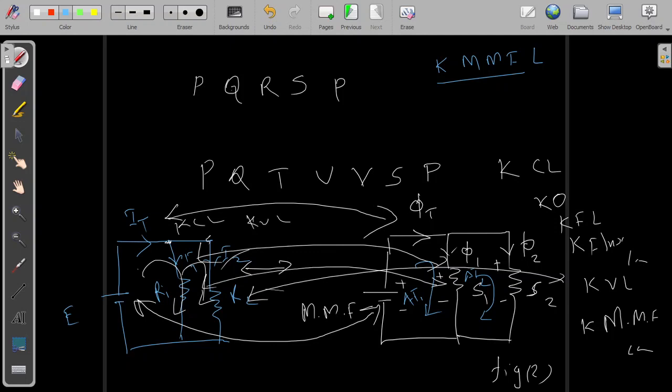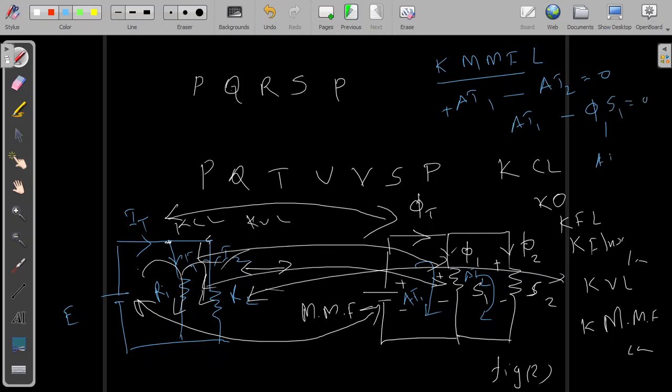The MMF F1 minus F2 equals 0, which can be substituted by S phi 1 into S1 equal to 0.